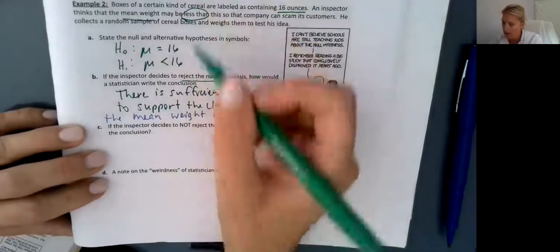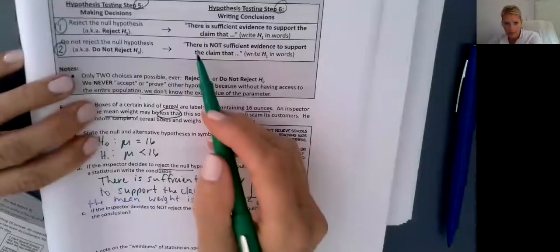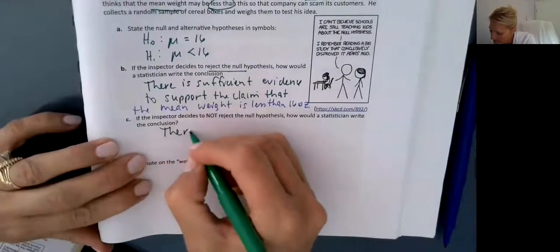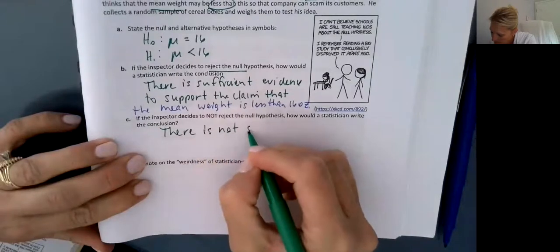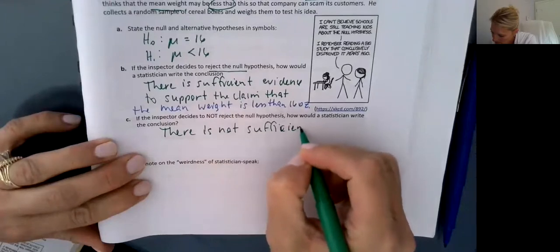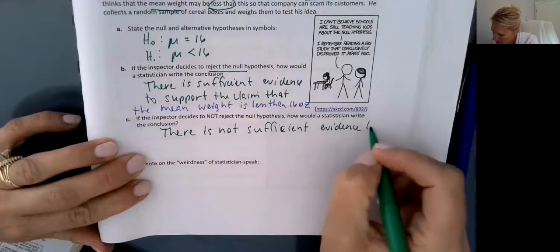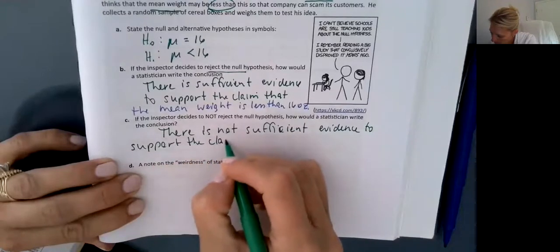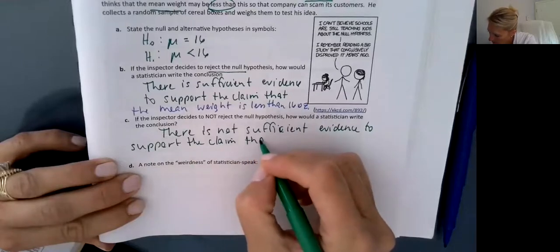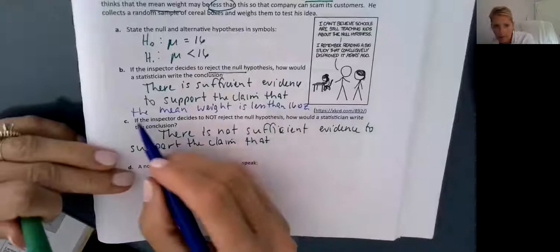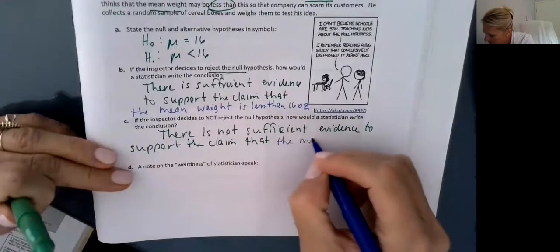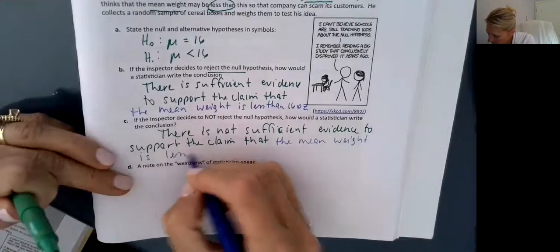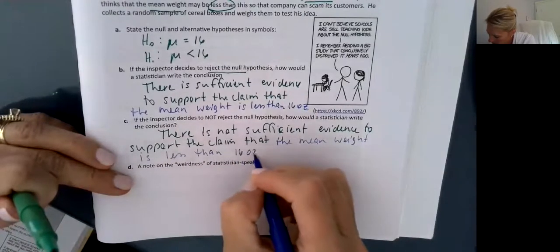So we would then write, following this method up here, there is not sufficient evidence to support the claim that, and then we just fill in the same thing, the mean weight is less than 16 ounces.